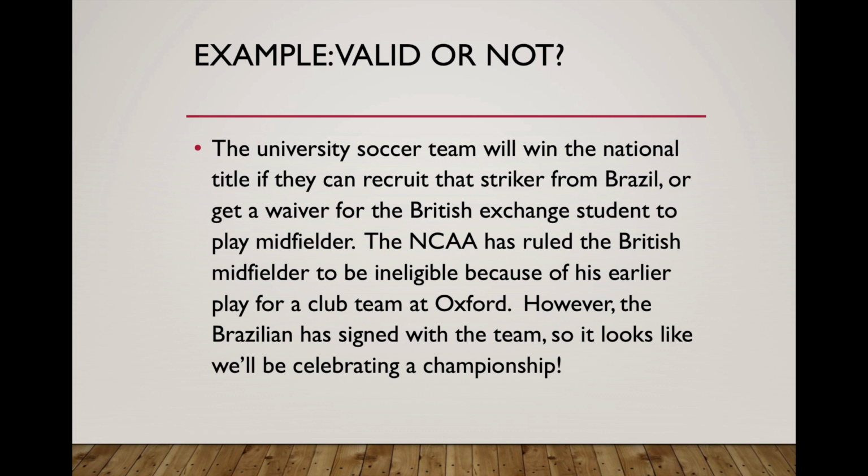Now, as we go forward, you'll have 2 more homework assignments. Homework exercise 19 is all conditionals for you to test, and homework exercise 20 is all disjunctive arguments for you to test.